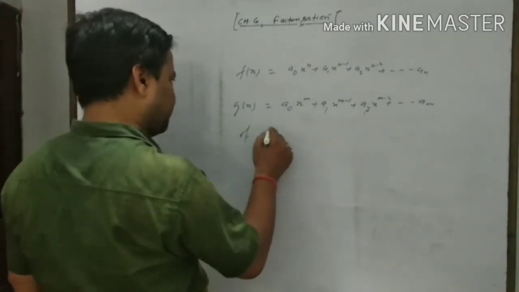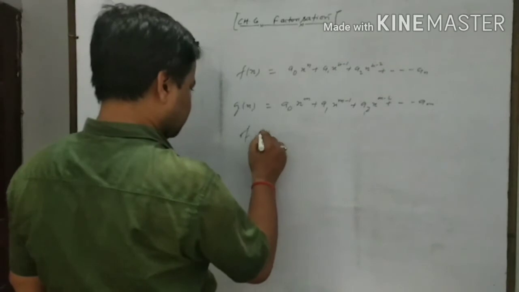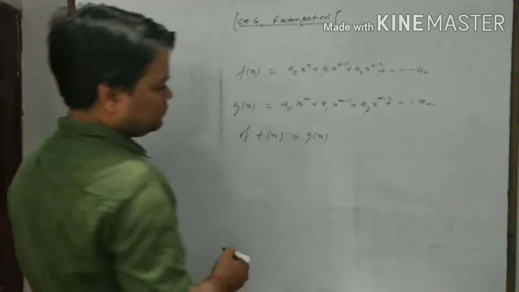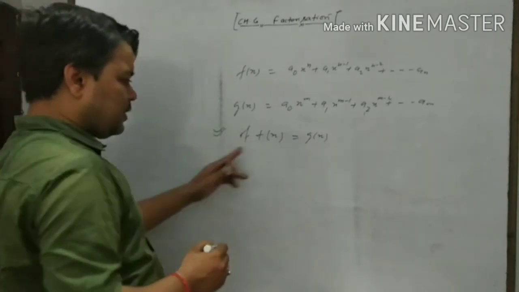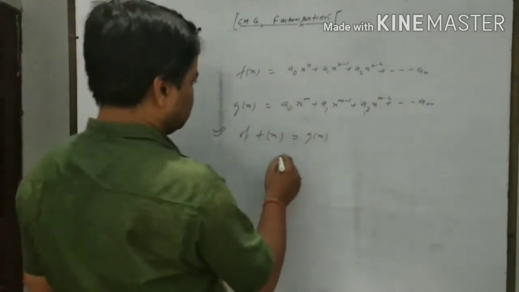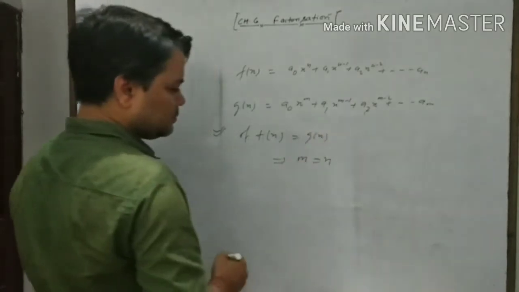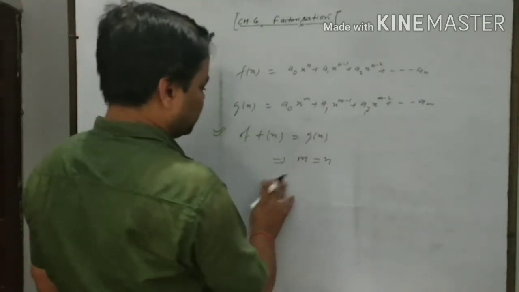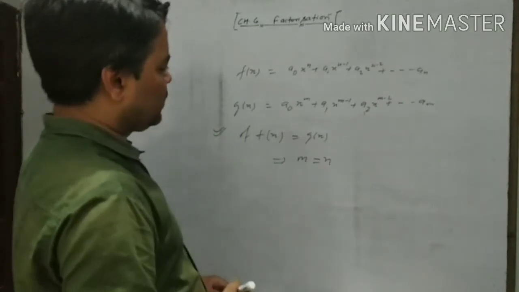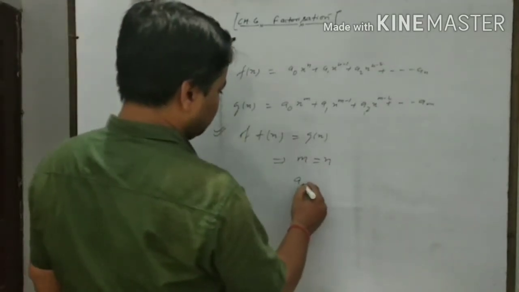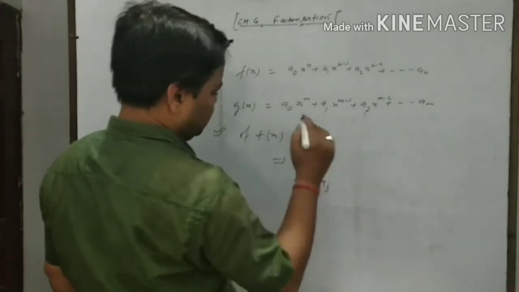So if f(x) is equal to g(x), then the value of m should be equal to n, and ai should be equal to bi.